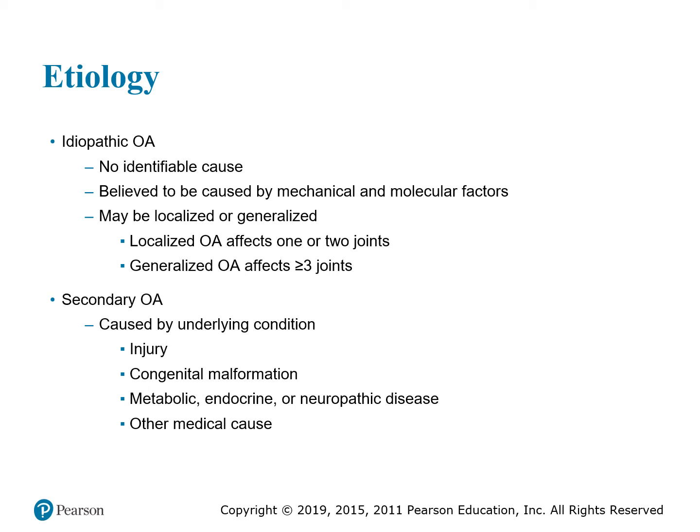It can be from an injury or congenital situations, metabolic, endocrine, or neuropathic, or other medical causes. And these are your secondary causes. Just like I said, with fractures, some medications prevent us from absorbing phosphorus and calcium, and arthritis can also be genetic, and that's where the endocrine and metabolic comes in.